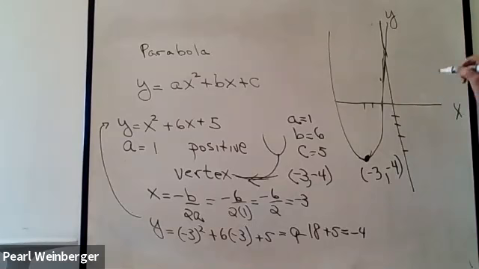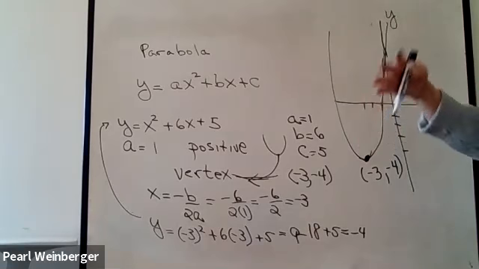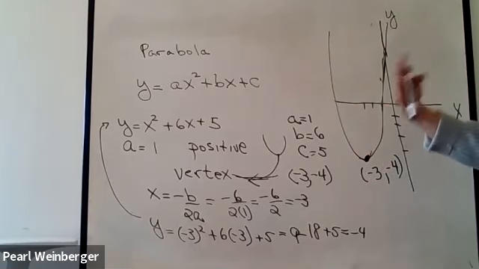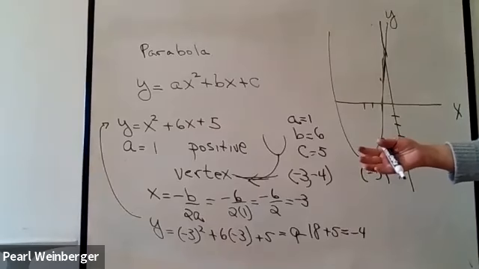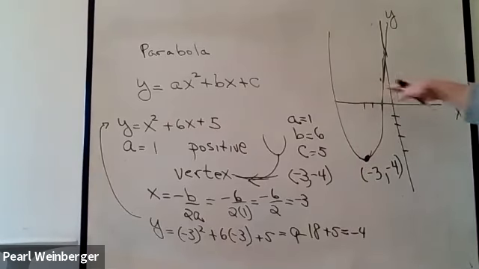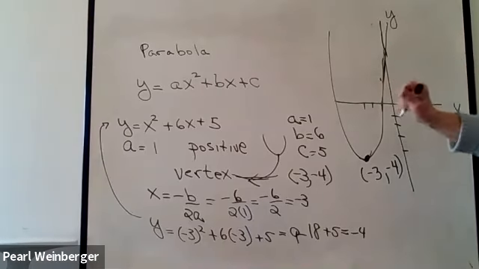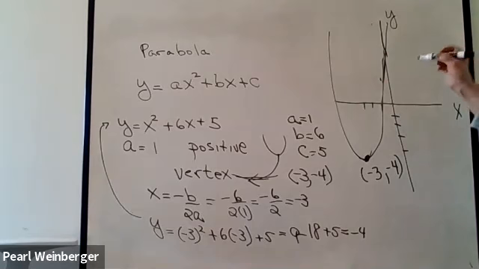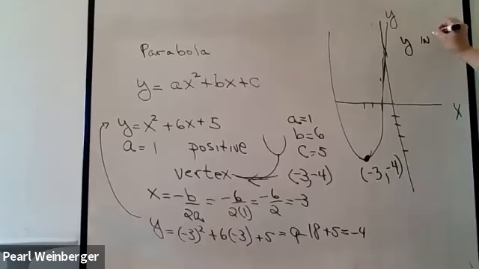The other things that you might be interested in finding are the intercepts. Just like we did the intercepts for the circle and for the ellipse and the hyperbola, this also has places where it crosses the x-axis and the y-axis. In terms of the y-intercept, I know I'm doing it sort of backwards, but the y-intercept is easier.